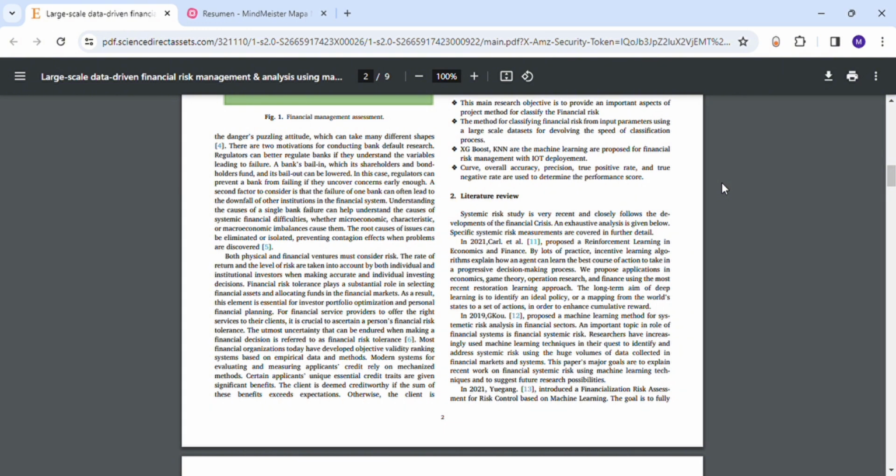By a lot of practice, reinforcement learning algorithms explain how an agent can learn the best course of action to take in risky, progressive decision-making processes. We propose applications in economics, game theory, operations research, and finance using the most recent reinforcement learning approach. The long-term aim of deep learning is to identify an ideal policy, or a mapping from the world states to a set of actions, in order to maximize the reward.